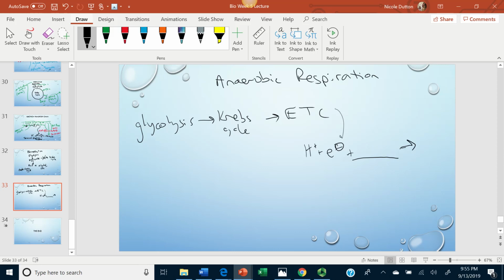Usually it's sulfur, and you end up producing H2S or H2SO4 or some derivative of this. So in anaerobic respiration, you still go through all of the same steps. You still produce the 34 to 38 or 36 to 38 ATP in the end, except you use something other than oxygen as a terminal electron acceptor.